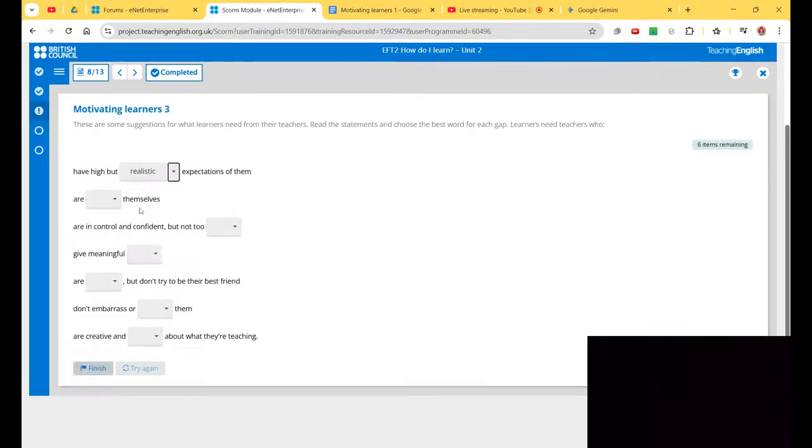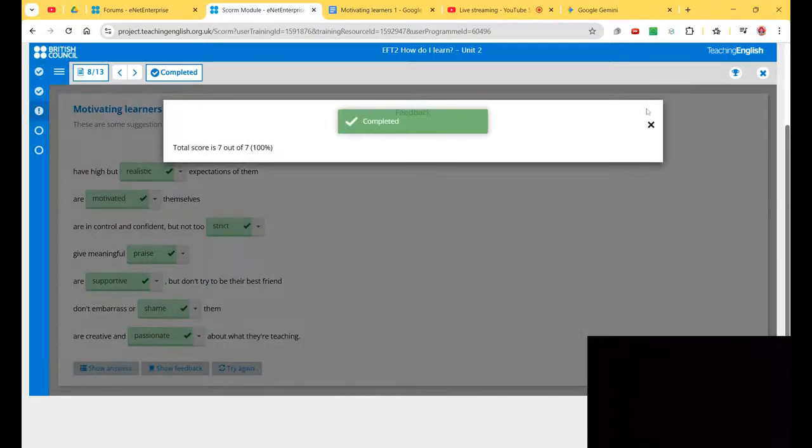Keep a high but realistic expectation, are motivated themselves, not too strict, give meaningful praise, are supportive, don't try to be their friend, don't embarrass or shame them, are creative and passionate. Okay, nice.